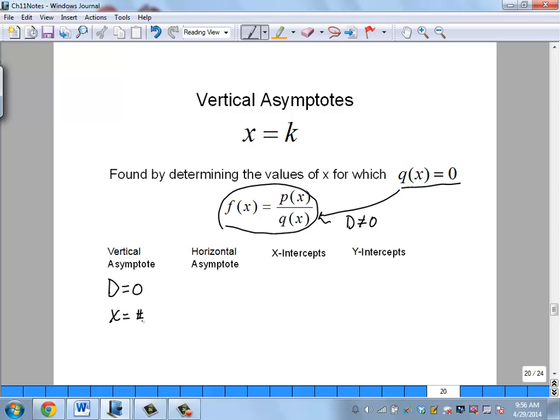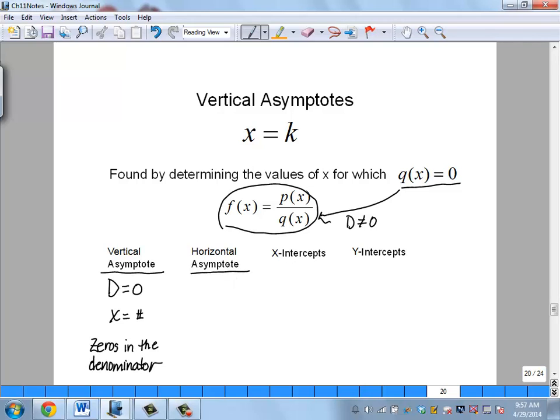Okay? So this is zeros in the denominator. You could have more than one asymptote too. So here's a vertical asymptote, zeros in the denominator. That's how you determine it. Horizontal asymptotes, which I showed you in the slide before, okay?